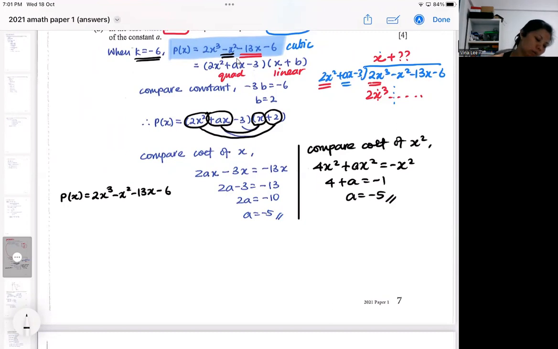So for example, if you do the trial and error, I'm just going to do a random one first: 2, minus 1, minus 13. This is from one of the other students that I got.